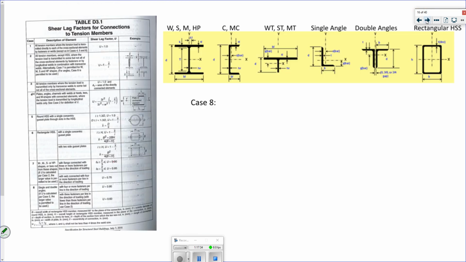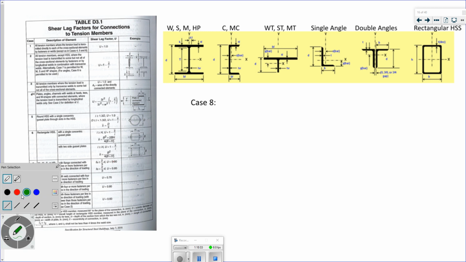And finally, we're going to look at case 8, which is a special one of case 2, but now instead of focusing on I-beams or the T's of I-beams, we're looking at angles and double angles. Right? An angle would be if only one leg was attached. If both legs are attached, then you can use a shear lag factor of 1. But, right, let's look at a single angle.